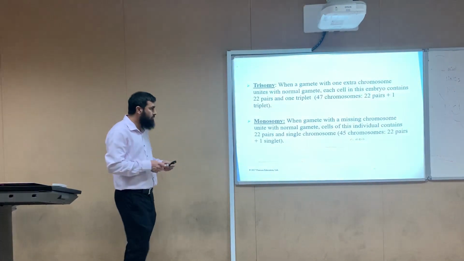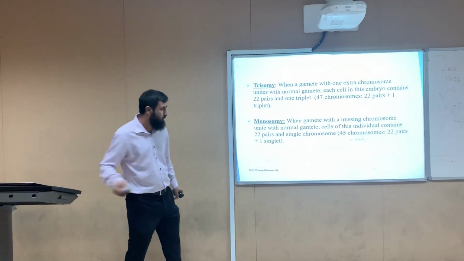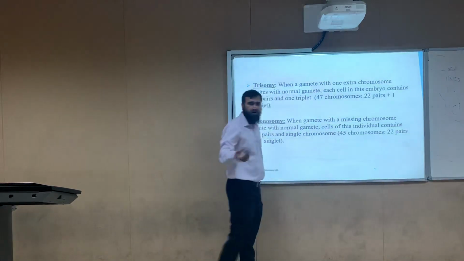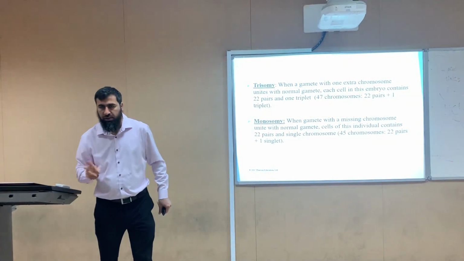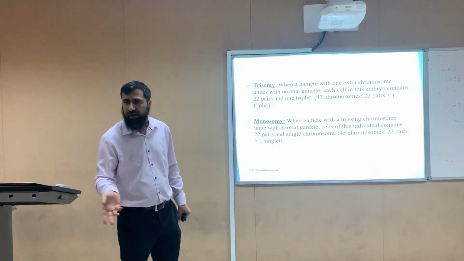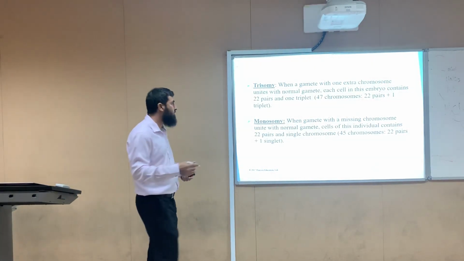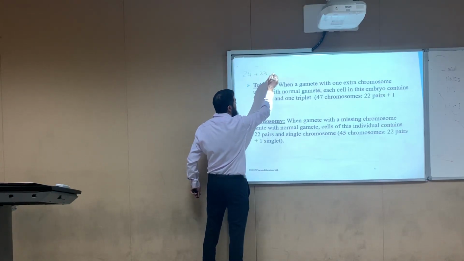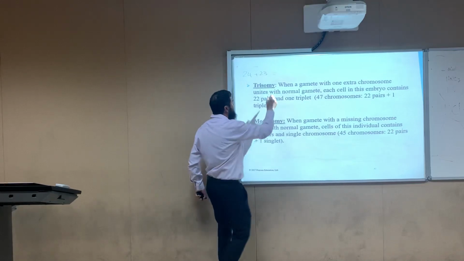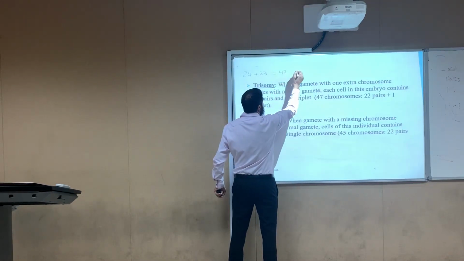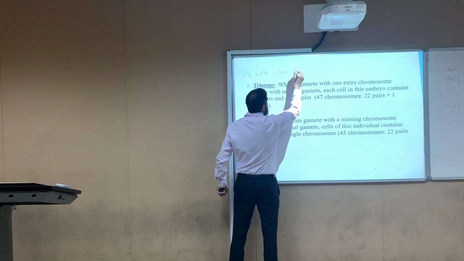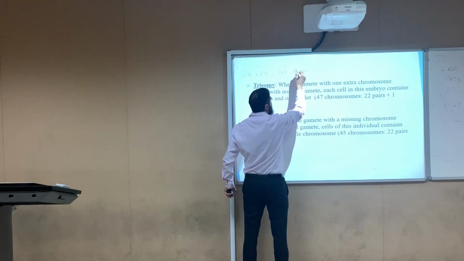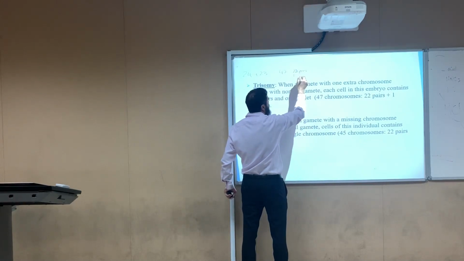If you have a non-disjunction in the separation of one of the chromosomes and you end up with 24, and that 24 is fertilized, 24 plus 23 gives you 47, which is 22 pairs and 1 triplet.